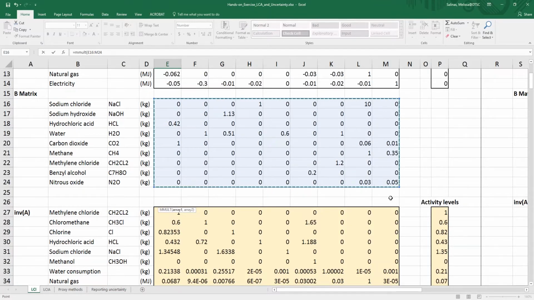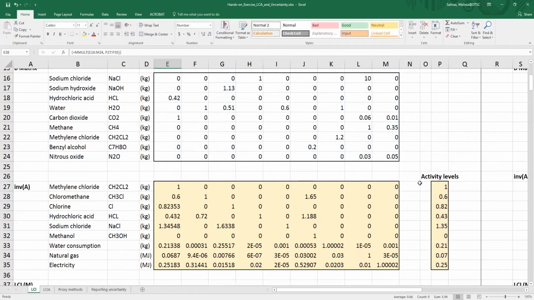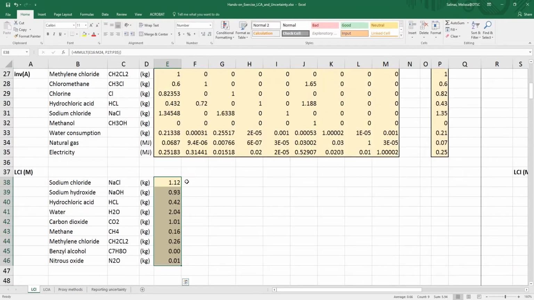The first matrix is the B matrix, then you put a comma, and the second matrix you are multiplying is the activity level. Then close the parenthesis. We know how much of the chemicals are needed, and we know the environmental emissions of each chemical per kilogram, and we multiply those two. Again, Ctrl Shift Enter will generate the lifecycle inventory.